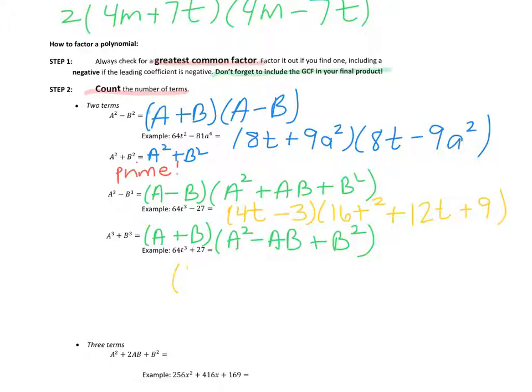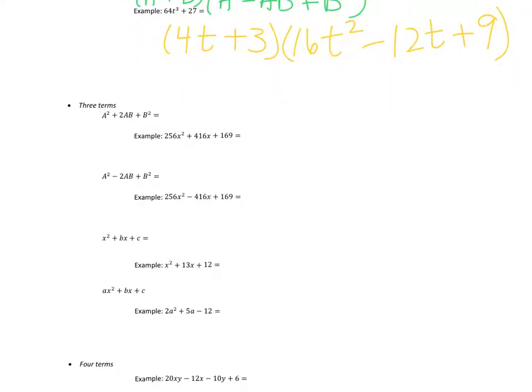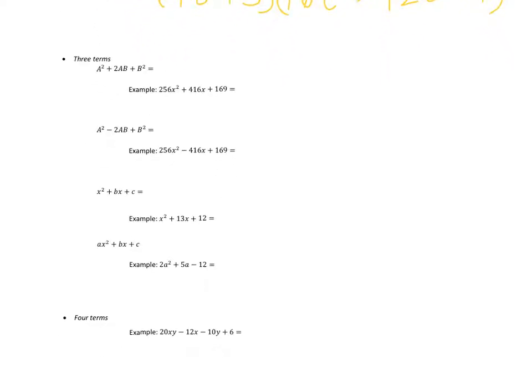So it's the same thing as before, we're just going to change the signs. And the last one is always positive. All right, so let's say we count the terms and we have 3 terms. So 3 terms, we have our AC method or trial and error.